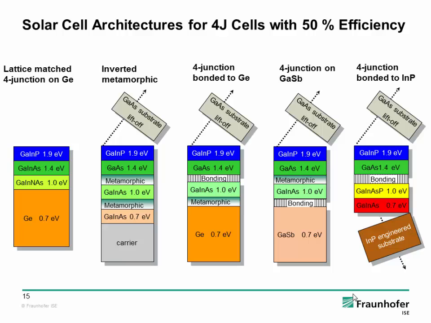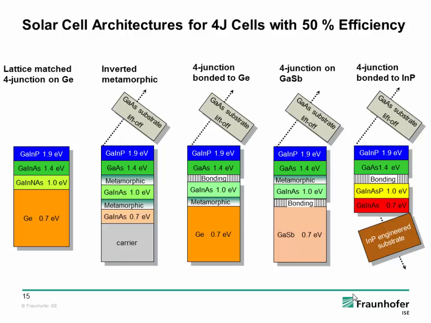Then we have a so-called inverted metamorphic approach where you grow the solar cell structure inverted, meaning that you have a substrate like gallium arsenide and you start with the high bandgap material, then grow the lower bandgaps, and you turn it around afterwards and remove the substrate.